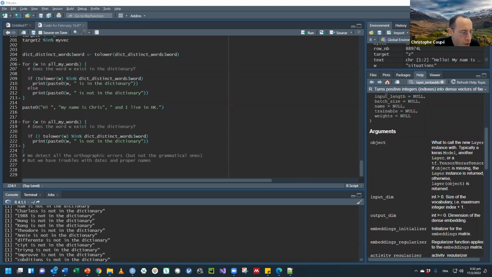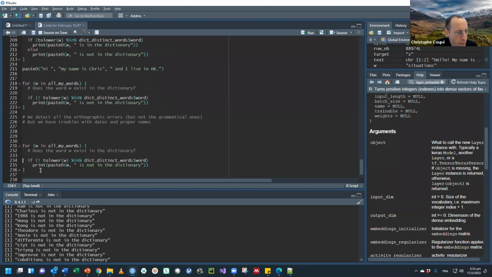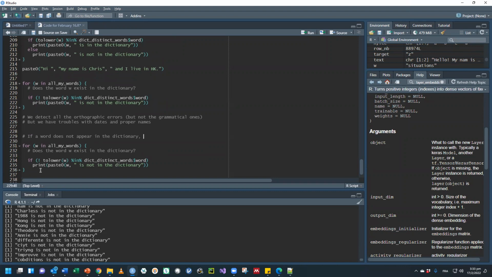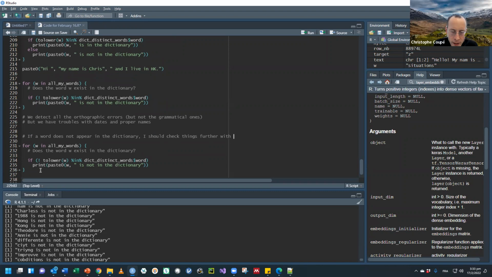We need to compare the skeleton keys, right? Okay, so I'm going to restart from the same place. If a word does not appear in the dictionary, I should check things further with skeleton keys.